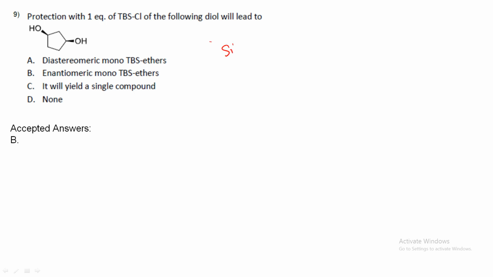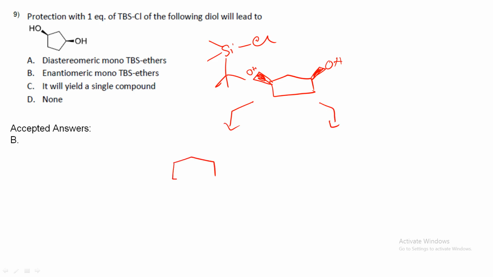So what is TBSCl? This particular one. Now again we have two possibilities, and let's generate two isomers.